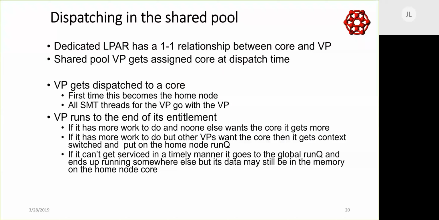If it's got more work to do but other virtual processors want the core and they have not reached their entitlement, then this virtual processor will get context switched and it gets put back on the home node run queue. And then if it can't get service in a timely manner, then that virtual processor gets moved up to the global run queue and it looks for another core to run on. And the issue with that is that the data's possibly still going to be in the memory on that home node core. So that's kind of how the dispatching works. That's a very rough overview of it, but it should be enough to give you an understanding.